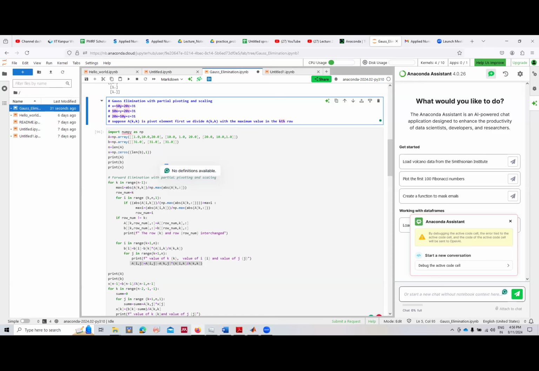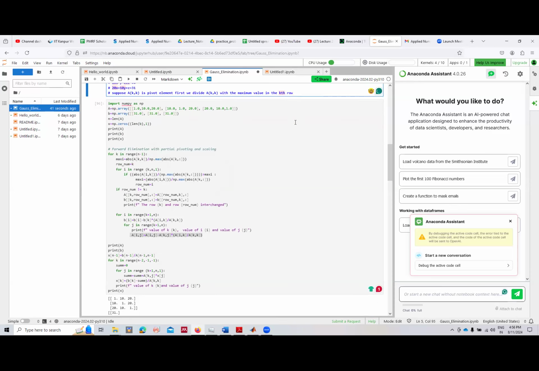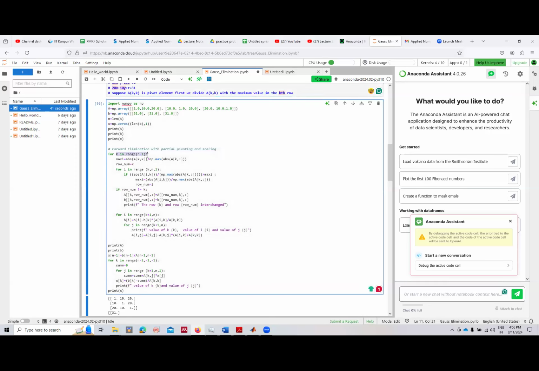We divide a_kk with the maximum value in the kth row. So suppose k is representing the pivot.